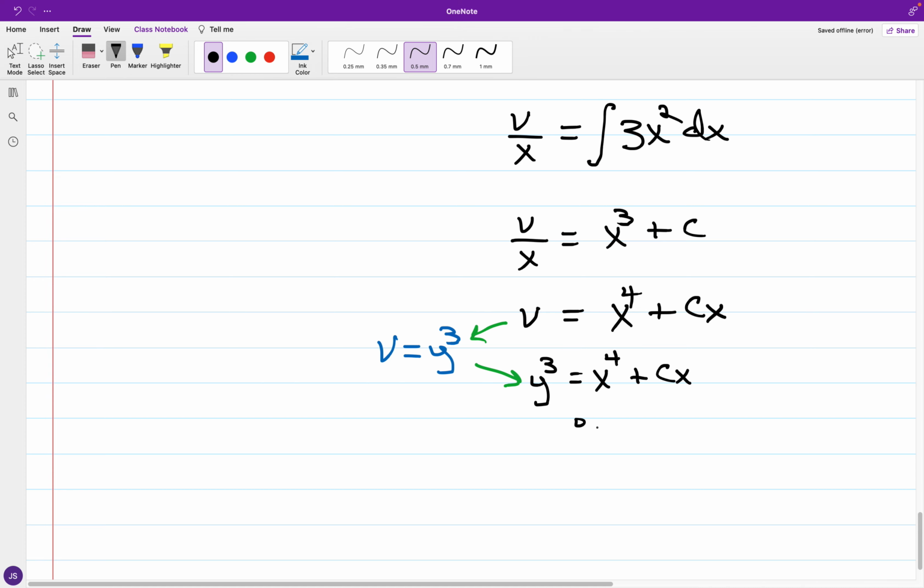And if I lowered this all the way in terms of y equals, this is going to be the quantity x to the fourth plus cx, all raised to the 1/3 power.